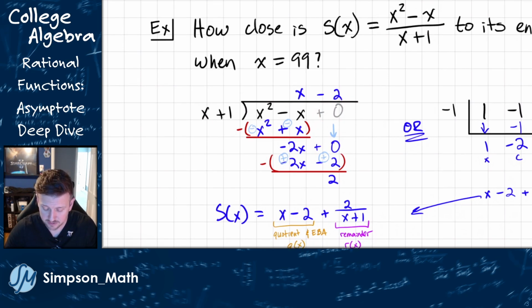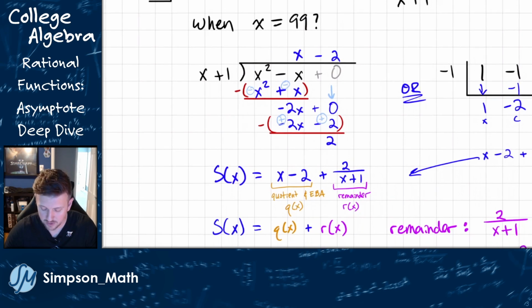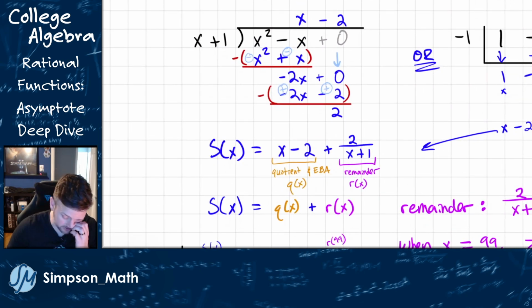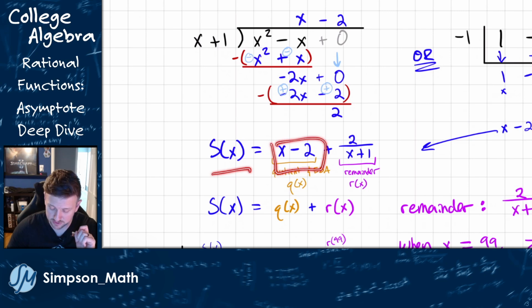Do our division. x goes into x squared x times. Distribute, subtract. We get a negative 2x. x goes in negative 2 times, x times negative 2 is a negative 2x. Distribute, subtract, get a remainder of 2. So our general structure here is that the function equals this quotient plus the remainder over its divisor.